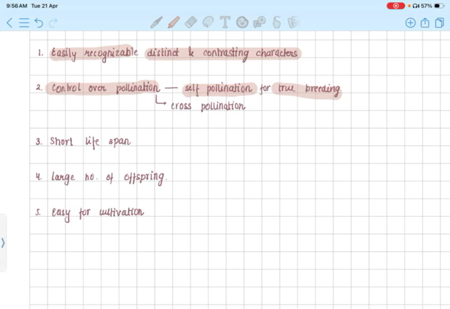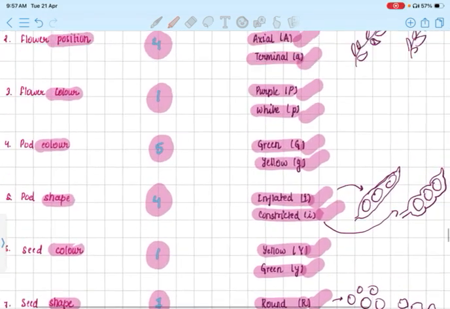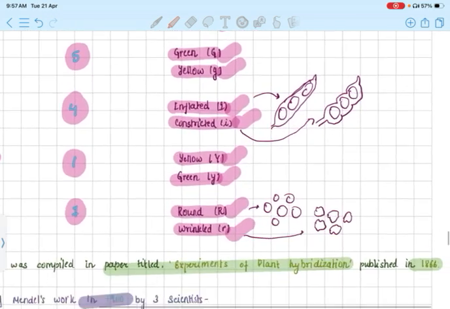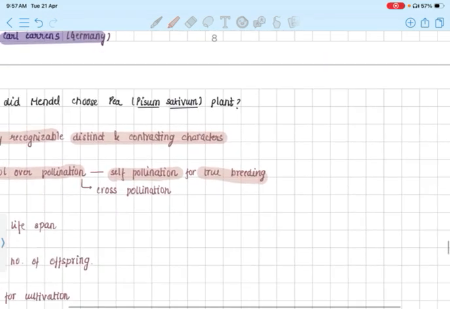So true breeding means there are some genes which are responsible for, let's say, plant height. We have talked about tall and dwarf, where tall is dominant and dwarf is recessive. If we see a tall pea plant, it is because of the genes present for the tall character.